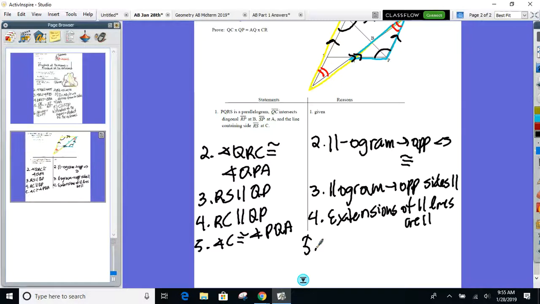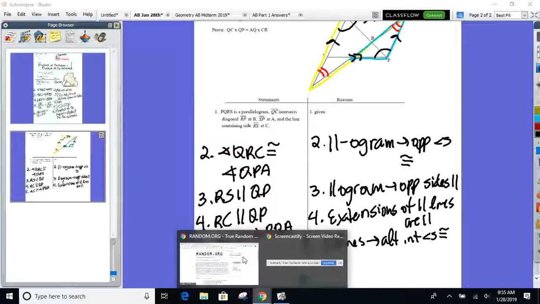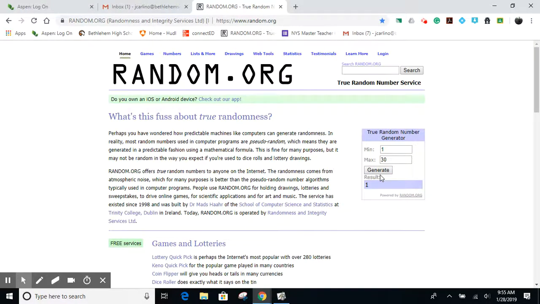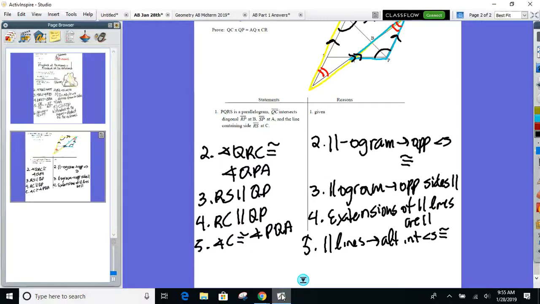How do I start this reason out? By saying the alternate interior angles are congruent. So I can't write that. I have parallel lines imply alternate interior angles congruent. What do I know about the triangles? They are similar. Write me a statement. I got a 1 in the house. Maddie, give me a good statement.